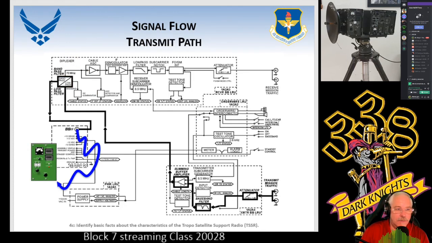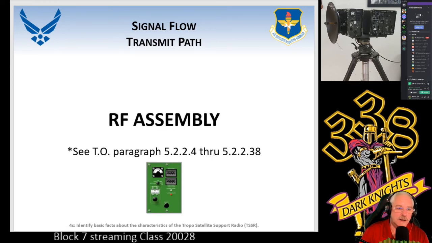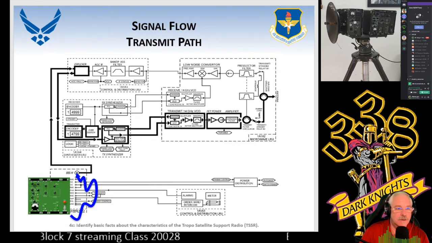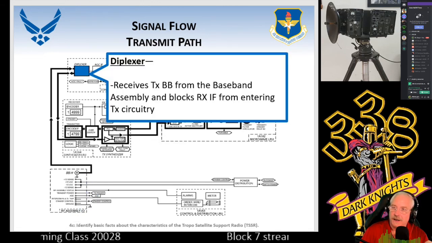So we're going to go out the back of the baseband onto the 2-foot cable and come into the RF assembly. Again, we're following the bold lines. Let's take a look at the first place we hit. Again, it's another diplexer. This is meant to filter anything that goes onto our baseband and order wire line.